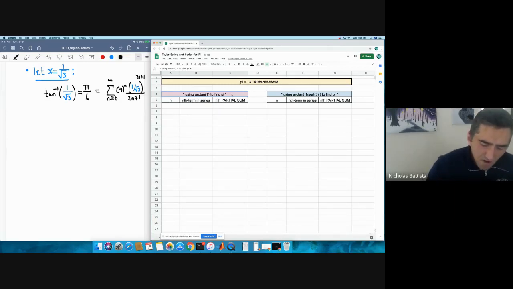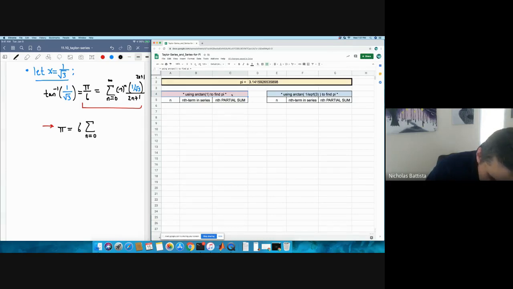So if we were to solve this relationship between pi over 6 and this infinite series, we have another representation of pi that's equal to 6 times the infinite series from n equals 0 to infinity of minus 1 to the n of 1 over root 3 to the 2n plus 1 power all over 2n plus 1.